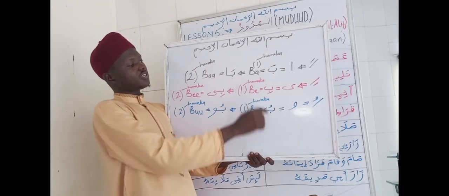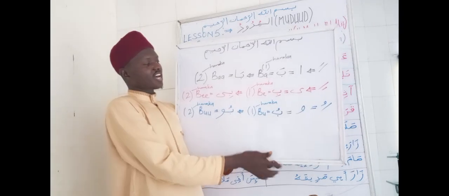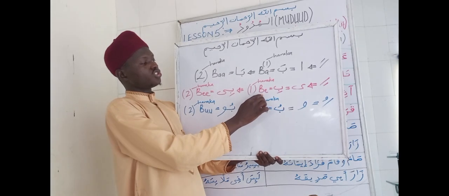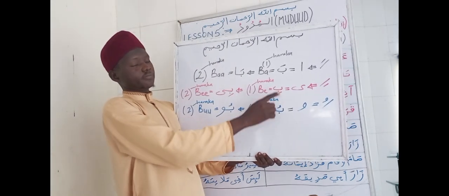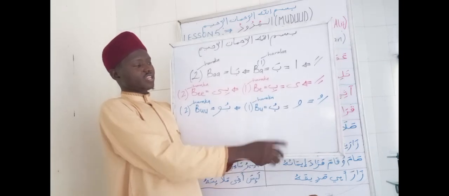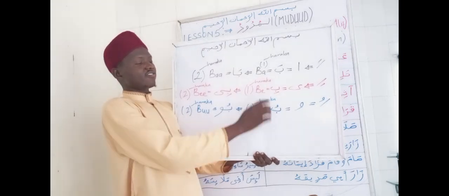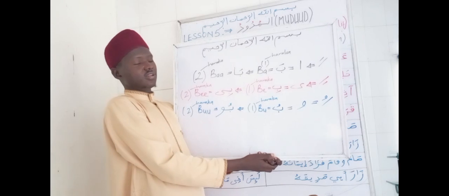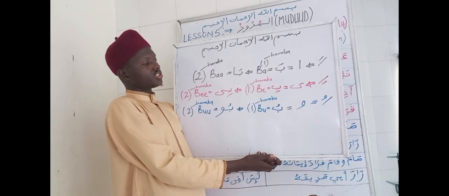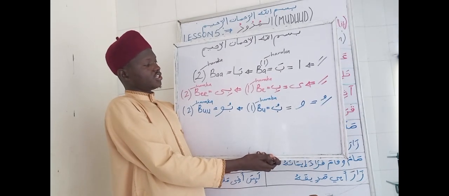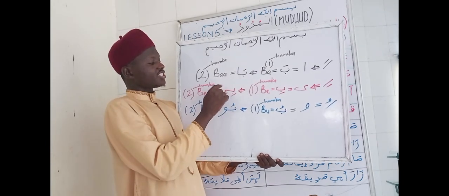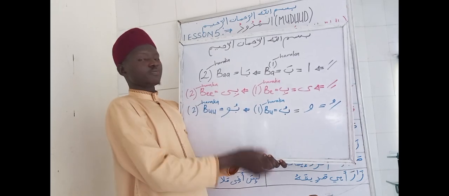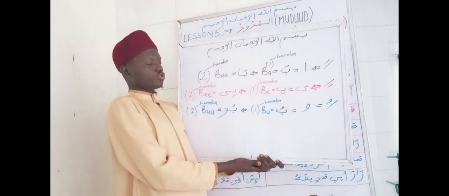The same thing if you have jim kasra, for instance, gi, with just one harakat, which we say the kasra harakat is a replica of like E in the English alphabet. So now, if you now have jim kasra yaw mad, it is now going to be gee, so you are going to stretch it.